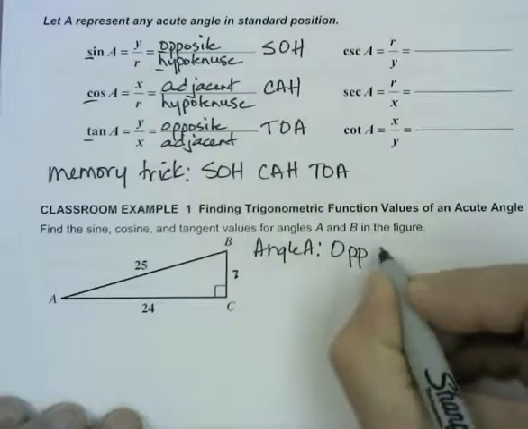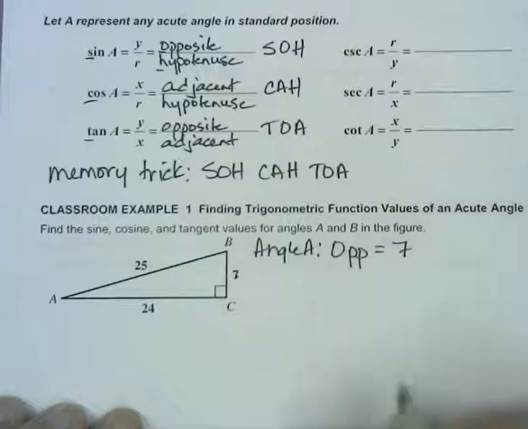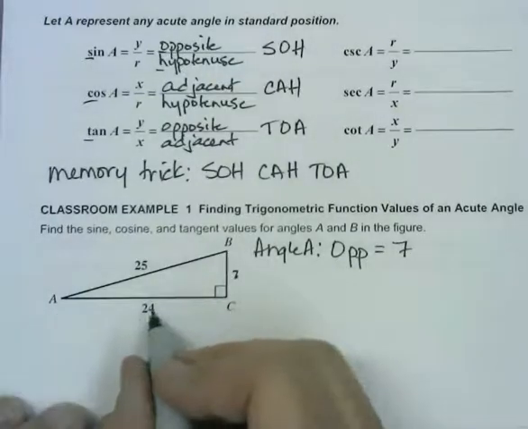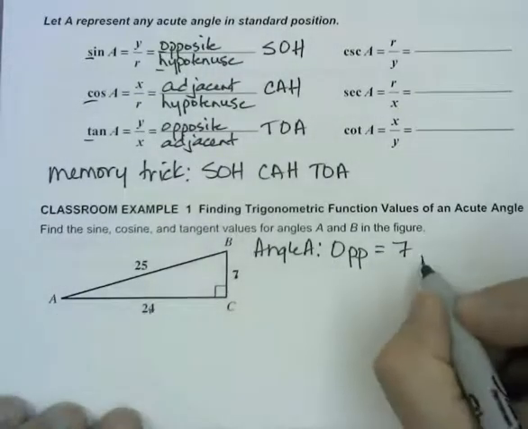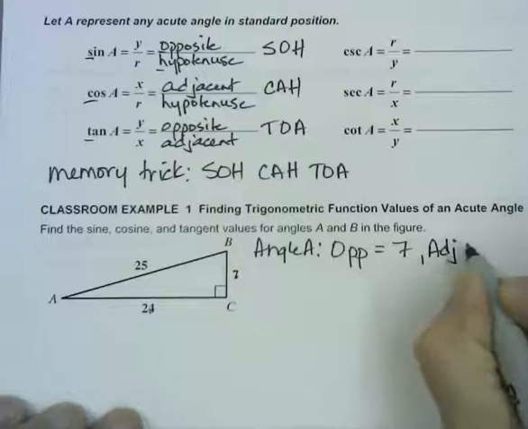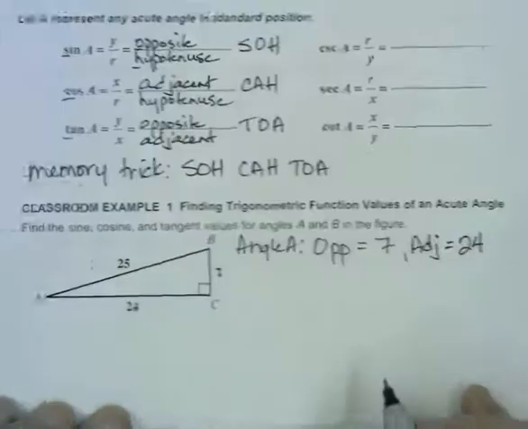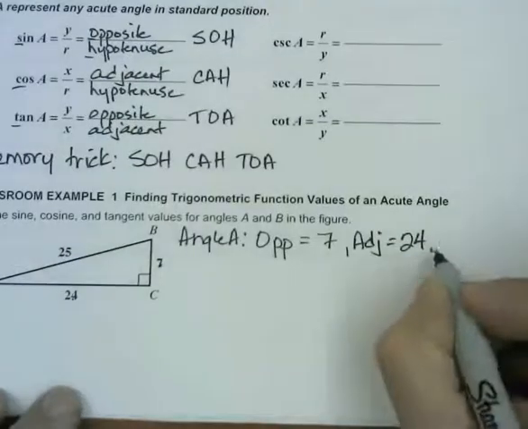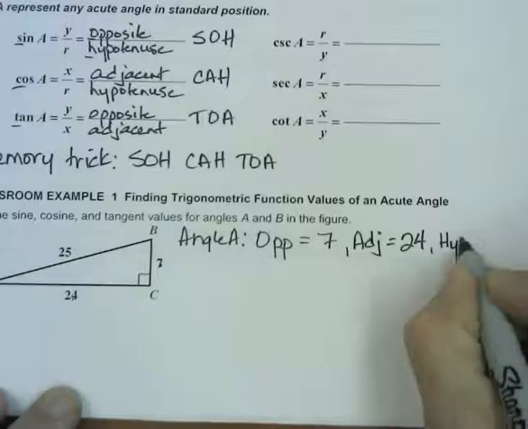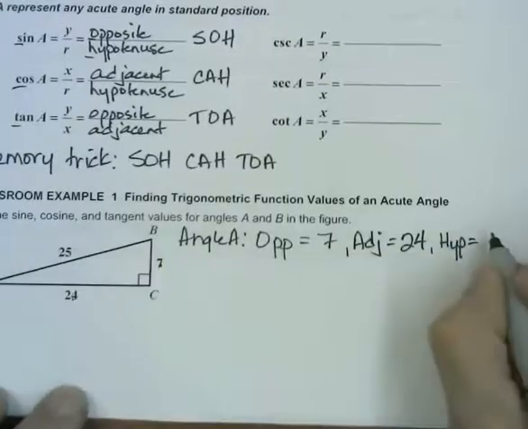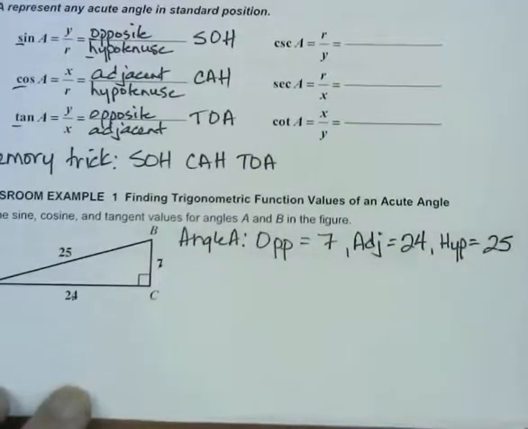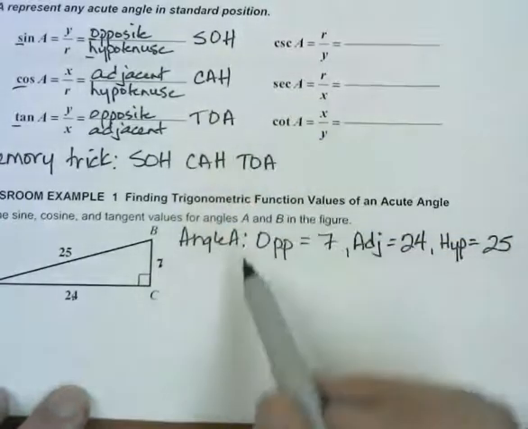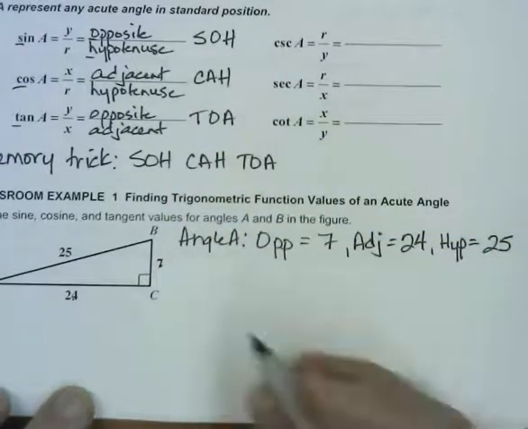I'm going to abbreviate opposite as OPP. The side adjacent to angle A, the one right next to it, is 24. And the hypotenuse is 25. So from that, we could find the values of these 3 trig functions.